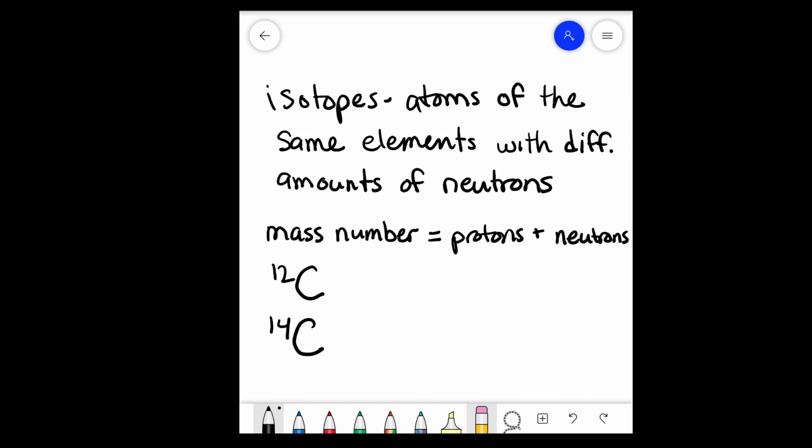And so basically to find the mass number of these, it's your proton number, and all carbons have 6 protons. So when you're doing this, you have to remember the element's always going to have the same amount of protons, the same atomic number, because that's what makes it that element.